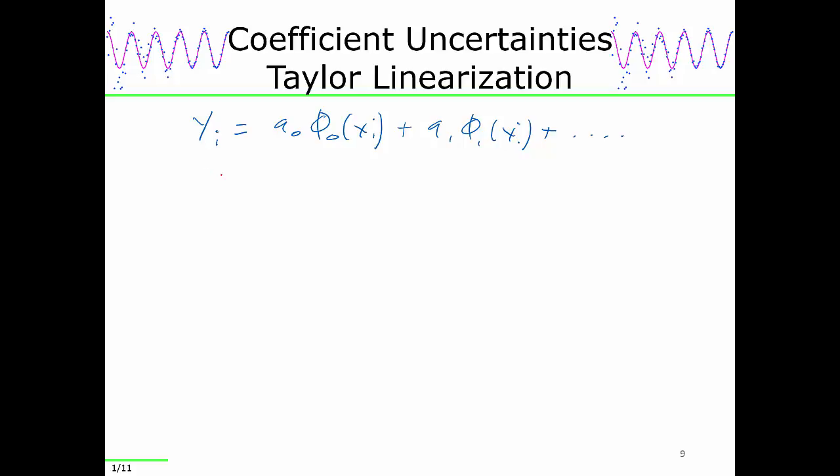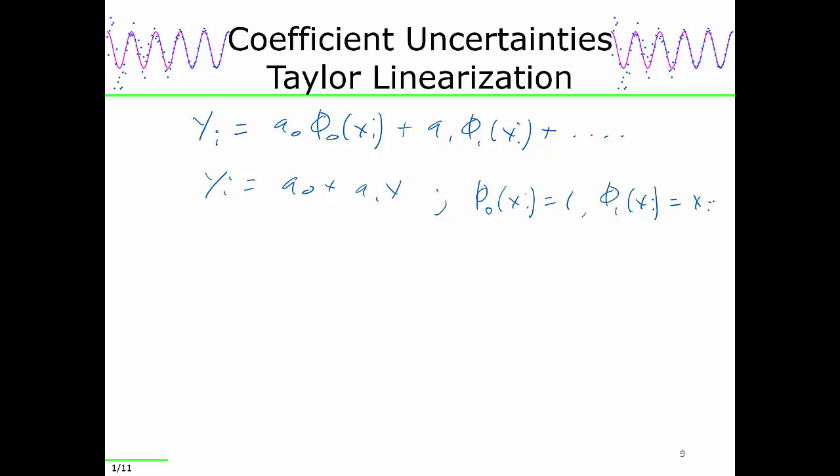And for example, if this was y i equals a0 plus a1 x, phi 0 of x is simply 1, and phi 1 of x is x.